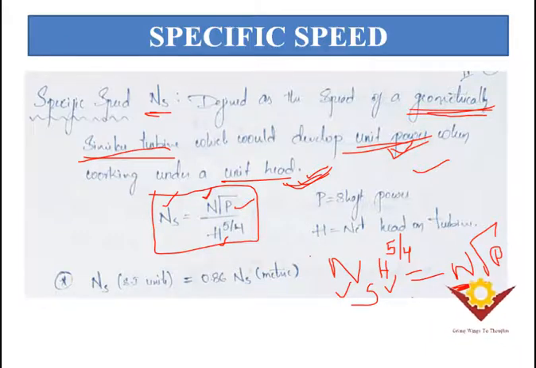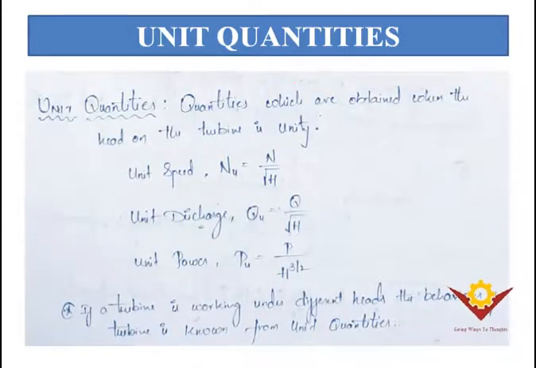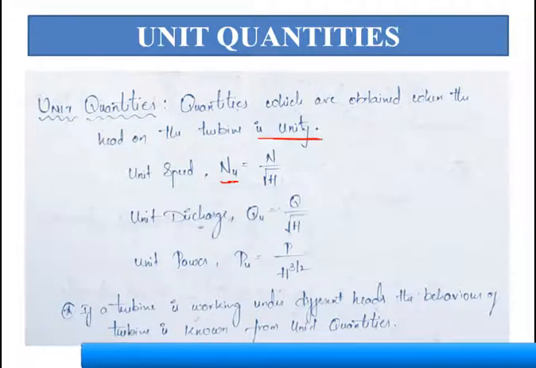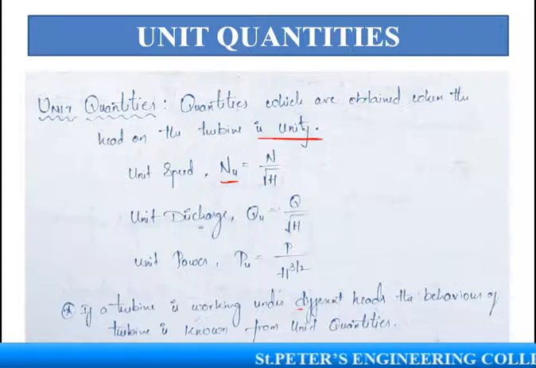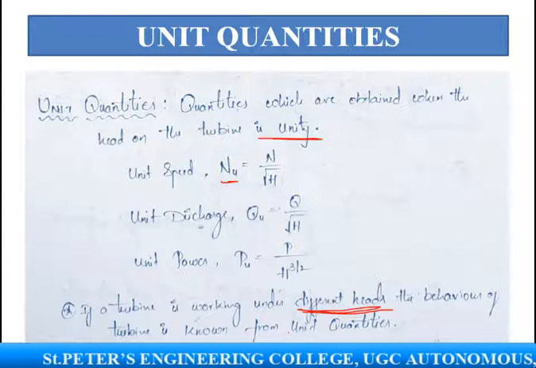Okay, and next we'll see unit quantities, and these quantities are obtained when the head on the turbine is unity. Okay, unit quantities, you can find this. So see, the main importance of these unit quantities is, if your turbine is working under different heads, the behavior of the turbine is known from unit quantities.